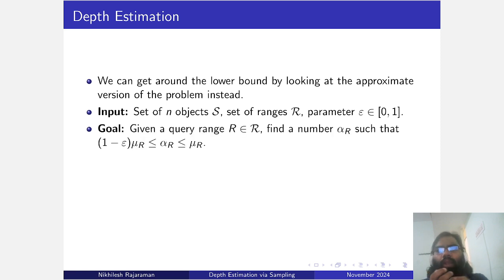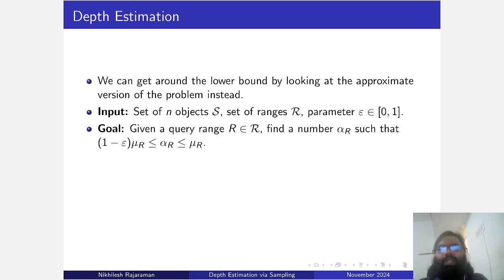Our new goal is, instead of finding the exact depth of a query range, we're happy if we can find the depth within an epsilon factor multiplicative error. More formally, the goal is to output an estimate, which we'll call alpha R, that lies between the true depth, which we denote mu R, and 1 minus epsilon times the true depth.